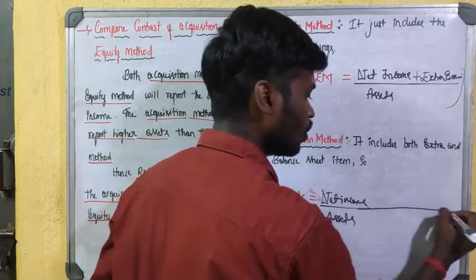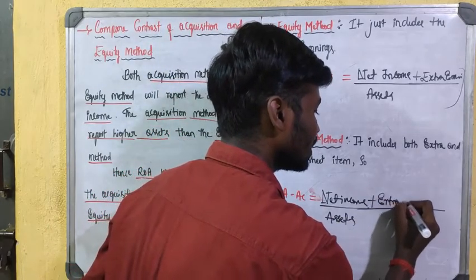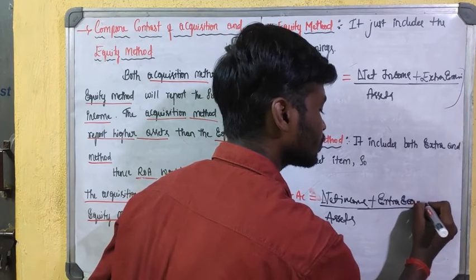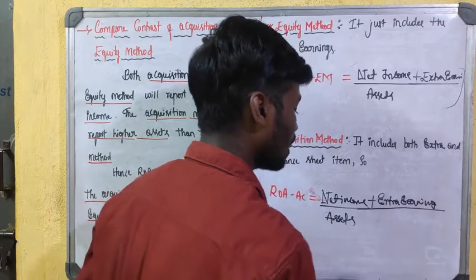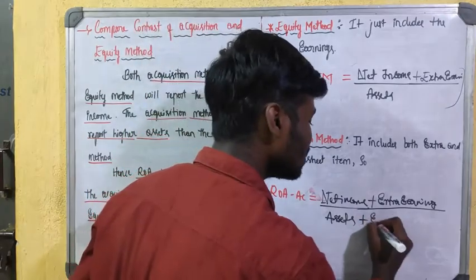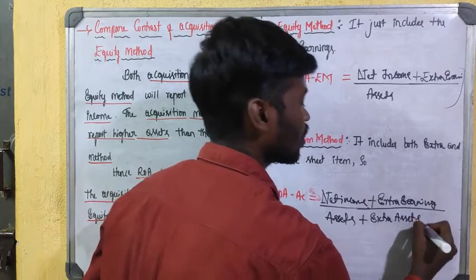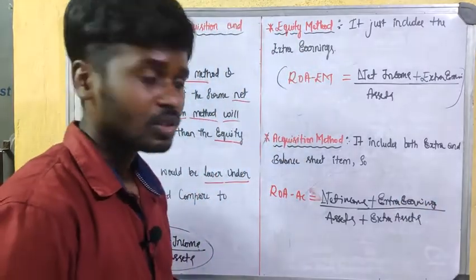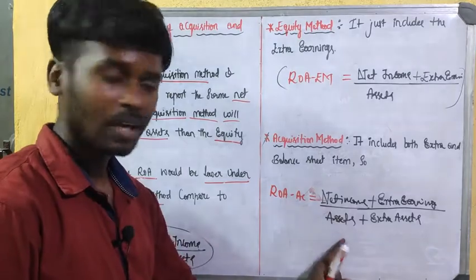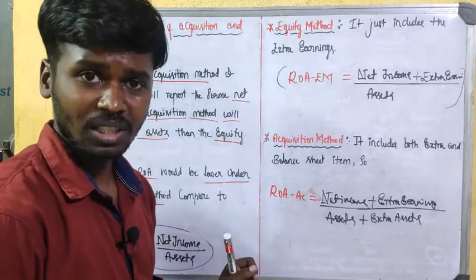So therefore plus extra earnings plus balance sheet item, in the sense that is extra assets. So based on this we are going to calculate the return on asset under acquisition method.